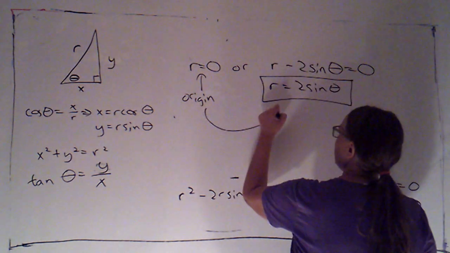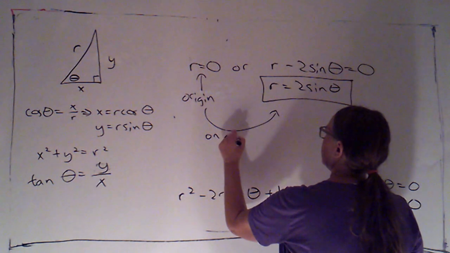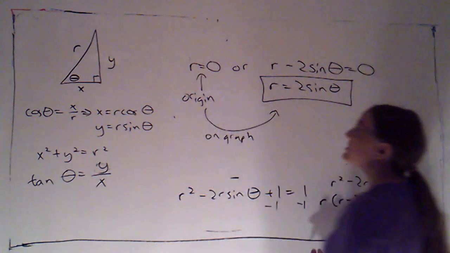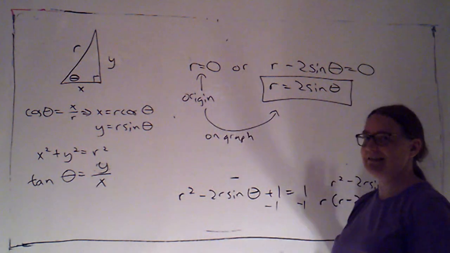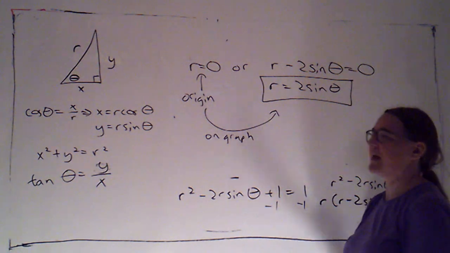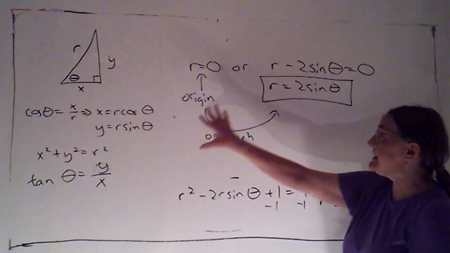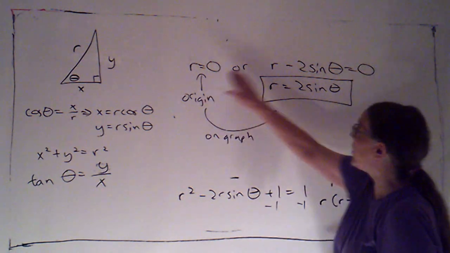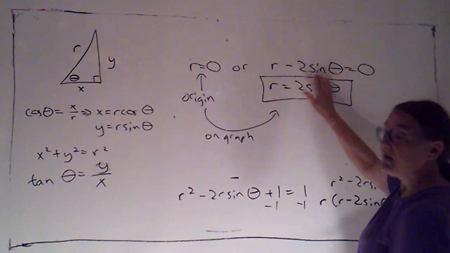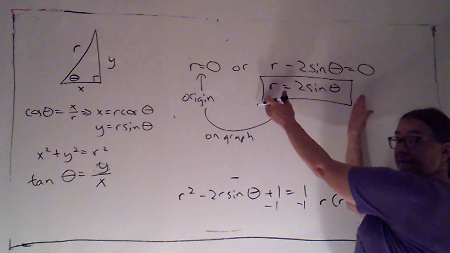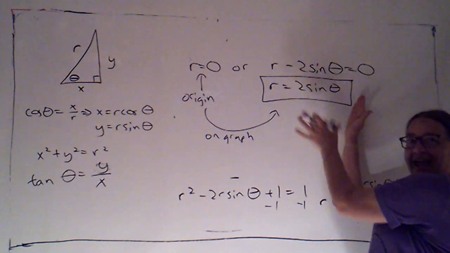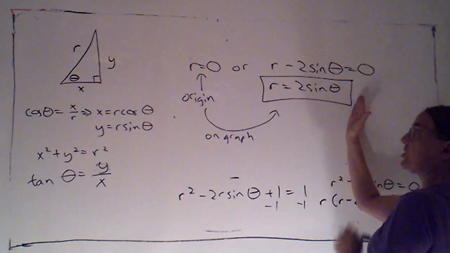So I'm just going to make a note. That's on the graph. So it's not necessary to state it separately. Okay. I do want to see some explanation that you get both options, but you only box this one if you were instructed to get your final answer in this form, which we were, okay?